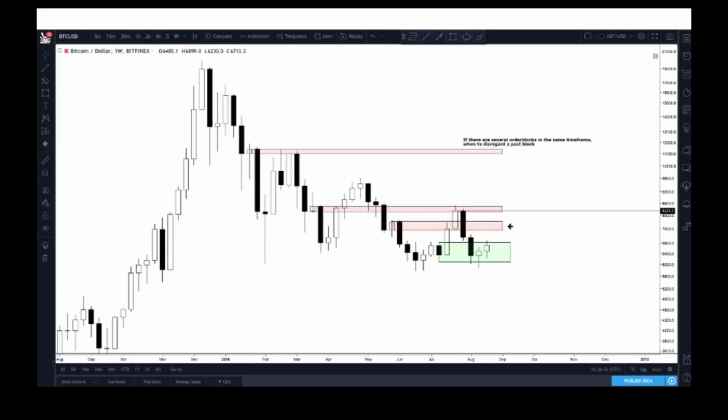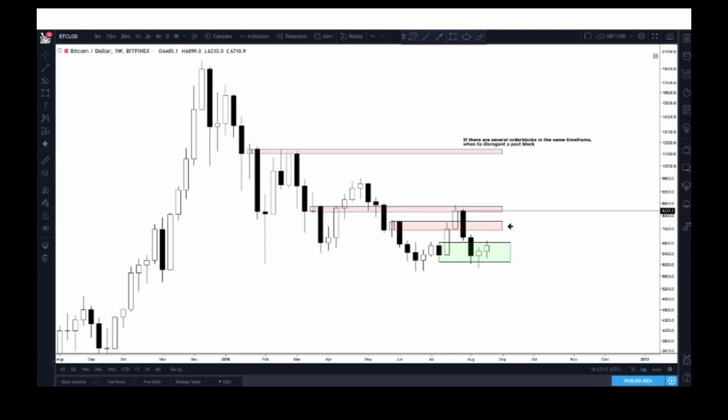There is a certain criteria that must be met and followed every single time you're marking an order block. And that criteria can be found in my Trooper Education section. If you want to go over it right now, for a bullish order block, it has to be a down move before an up move, which causes a break in market structure. As you can see in this example right over here, we're in an upward trending market.